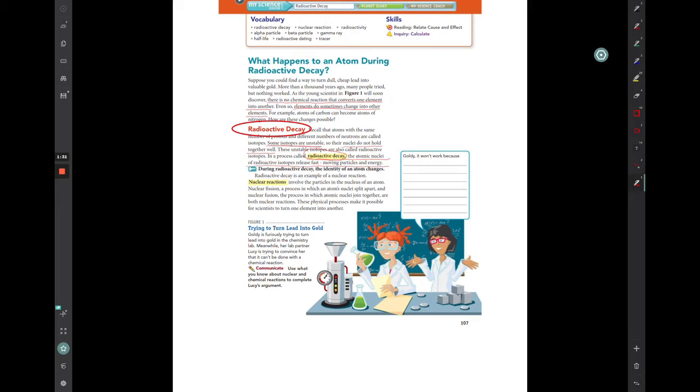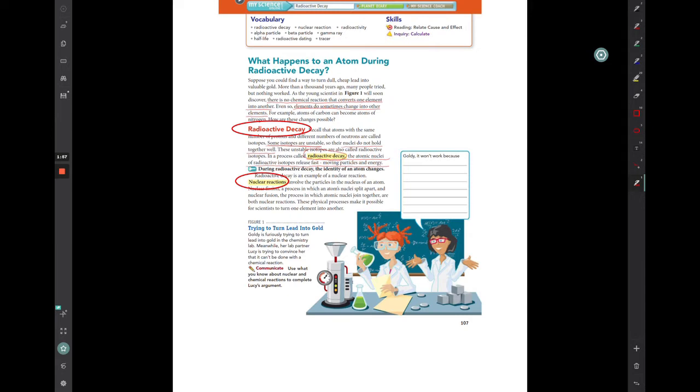I'm sure you've heard talk about nuclear reactors, nuclear energy, nuclear bombs, all these different things. There are basically two types of nuclear reactions. Radioactive decay is an example of a nuclear reaction, and both types involve particles that are in the nucleus of the atom, which is why it's called nuclear.